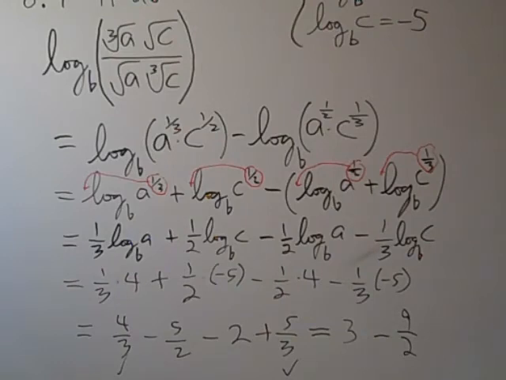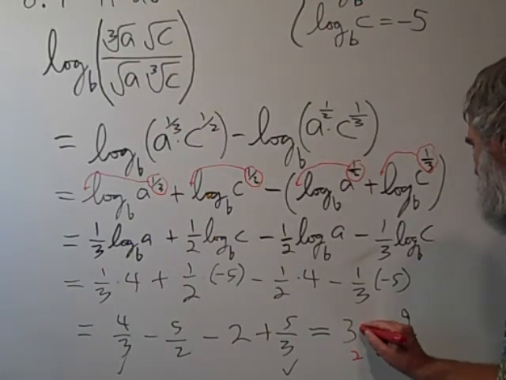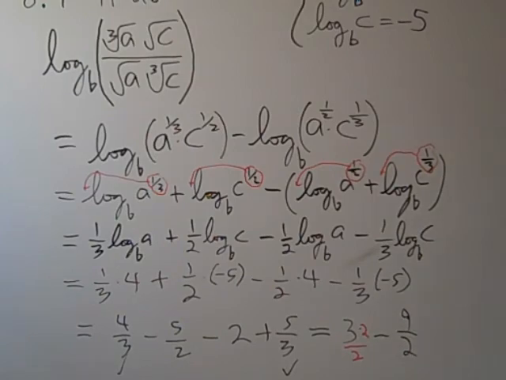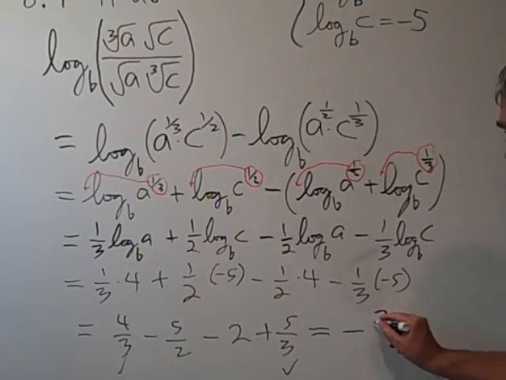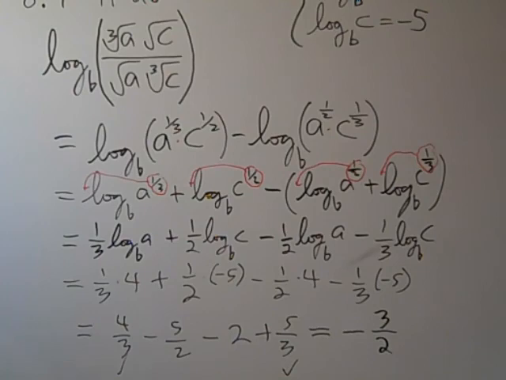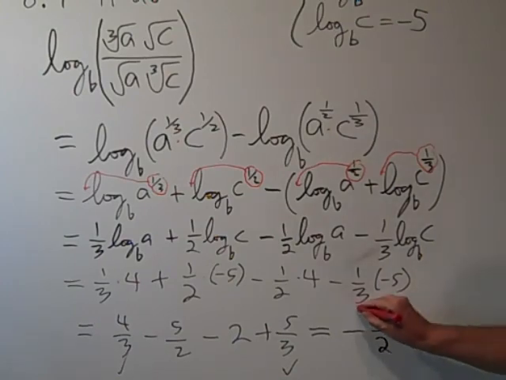Or if we find a common denominator, 3 times 2 divided by 2 is 6/2 minus 9/2. 6/2 minus 9/2 is minus 3/2. So that's our answer for this, negative 3/2. That's what this expression simplifies down to.